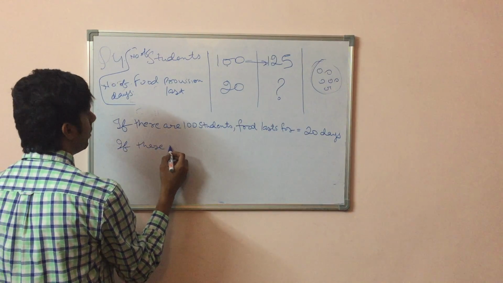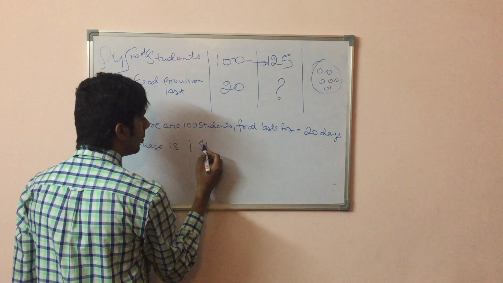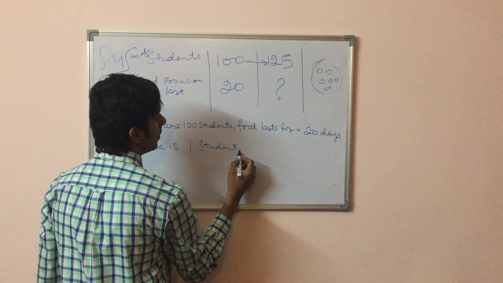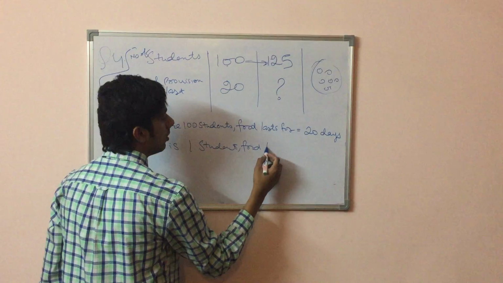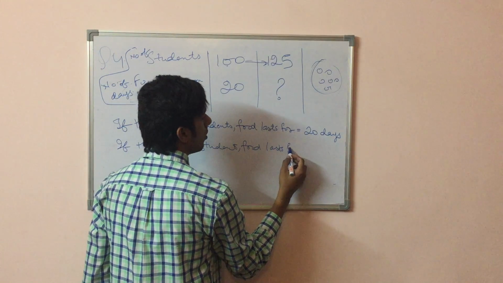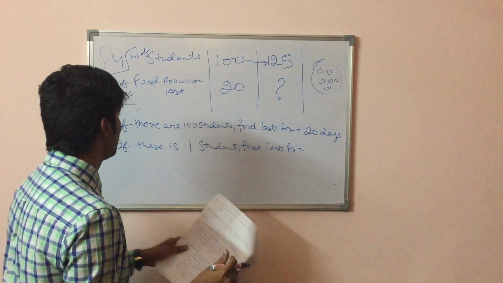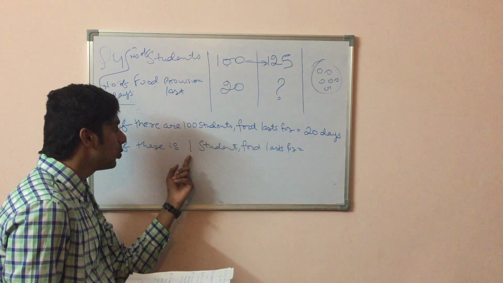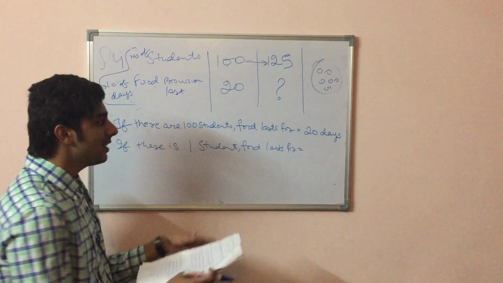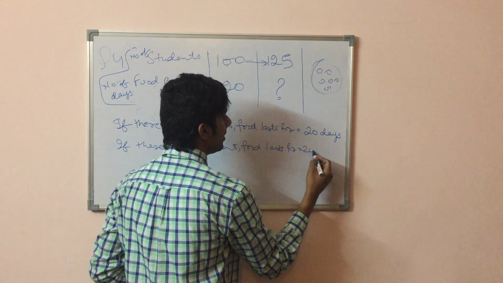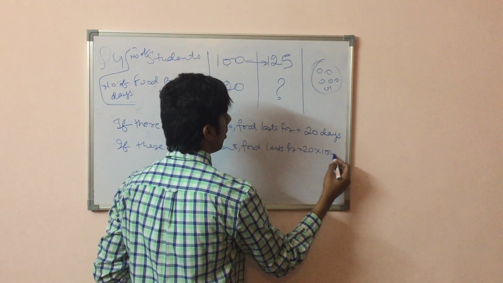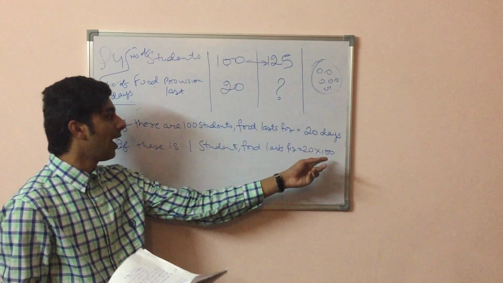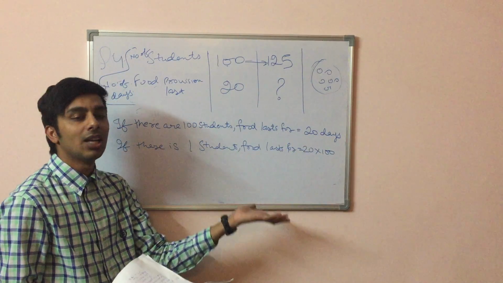If there is one student, food lasts for how many days? Now there are 100 students, food lasts for 20 days. Now if there's one student, food will last for more days. So it will be like 20 into 100. This will be multiplied. Why? Because if there is one student, then the food will last for more days.